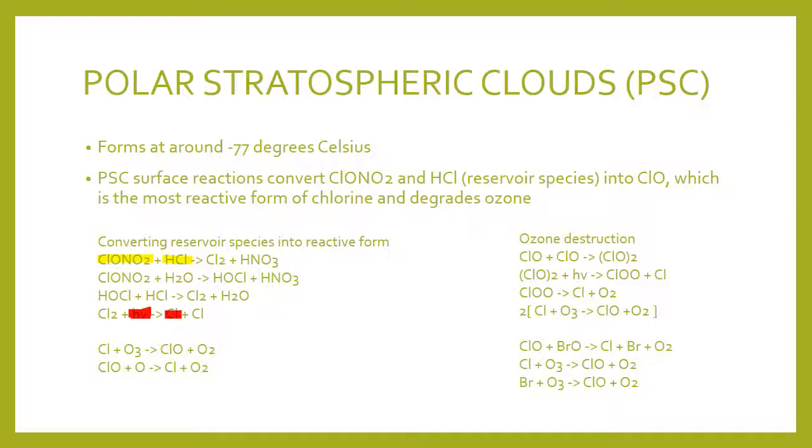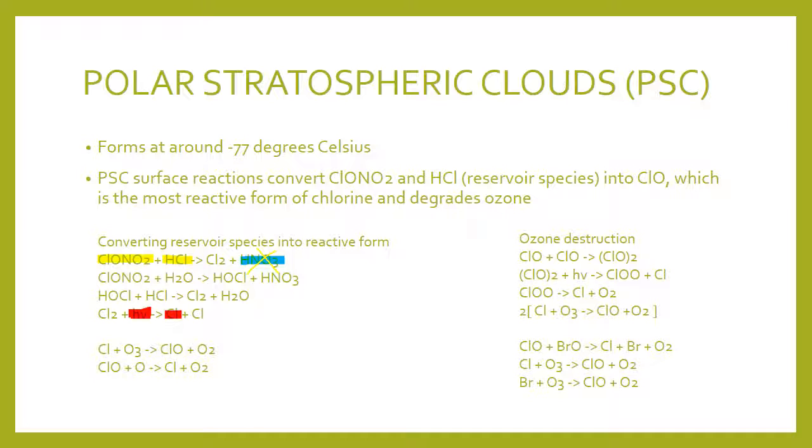What's also important to notice is that there is NOx being formed here, and this NOx sediments out of the atmosphere. So this NOx is now gone from the atmosphere, and NOx is what sequesters chlorine. So without NOx, nothing lowers the level of chlorine.